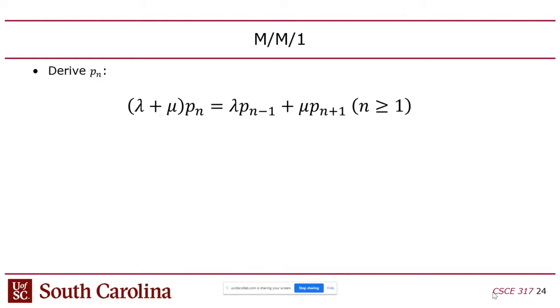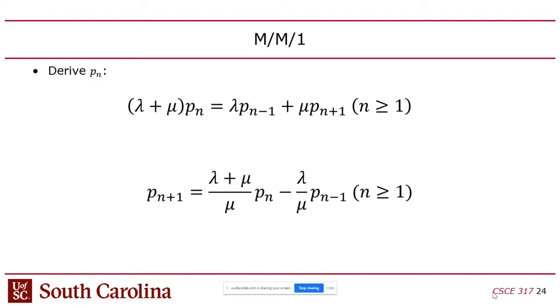So we start with the flow balance equation, which is what I just gave you, and then rewrite it where we put P(n+1) on one side of the equation, making that a function of P(n) and P(n-1). This isn't very helpful.